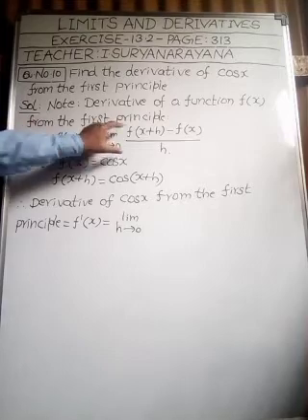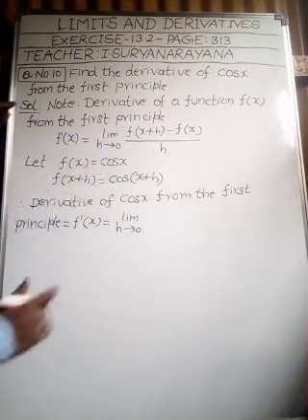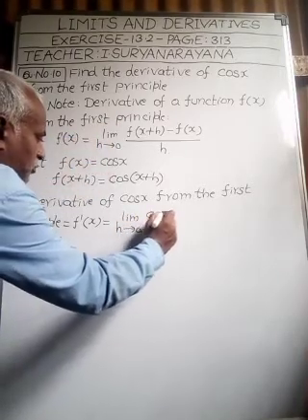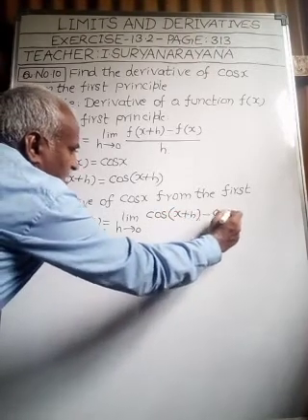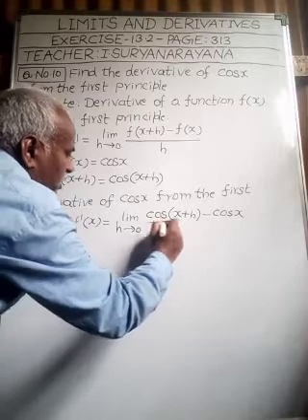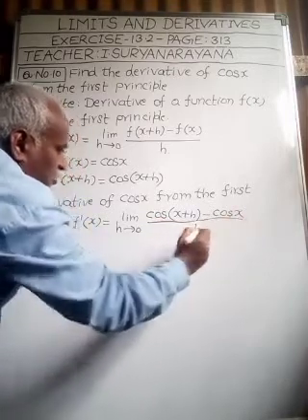In this formula, let us substitute these two values: cos of x plus h minus cos x, by h.